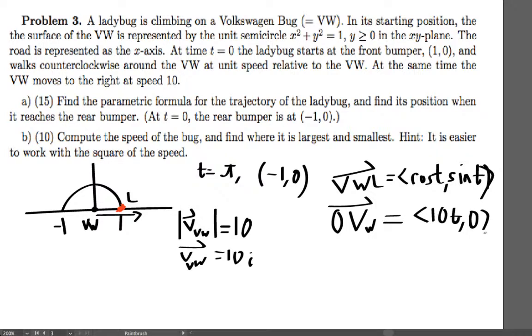I figured that out. So we want to figure out the parametric equation for the trajectory of the ladybug. What's OL here? You just need to add those two up. So it's (10t + cosine t, sine t).